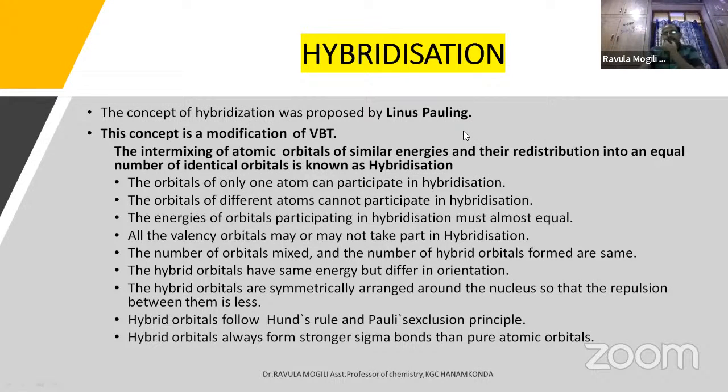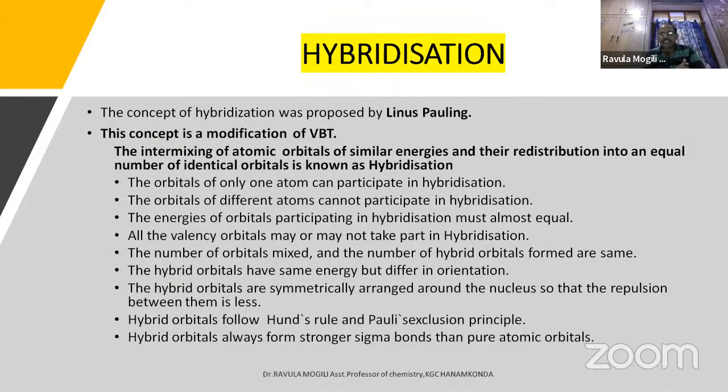According to VBT, the unpaired electron orbitals are overlapped to form a bond. If the orbitals are overlapped along their internuclear axis, they form a sigma bond. If the orbitals have parallel overlap, perpendicular to the internuclear axis, they form a pi bond.